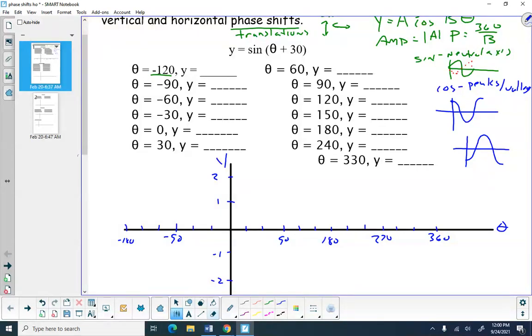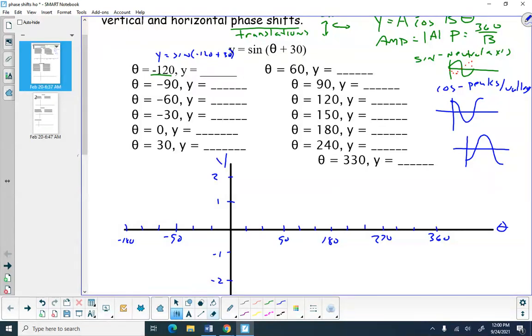Now, when we find our y values, I'm putting -120 in and adding 30 to this. So I take -120 plus 30, that gives me -90. So I'm going to take the sine of -90. If you want to quantify that, that is fine.